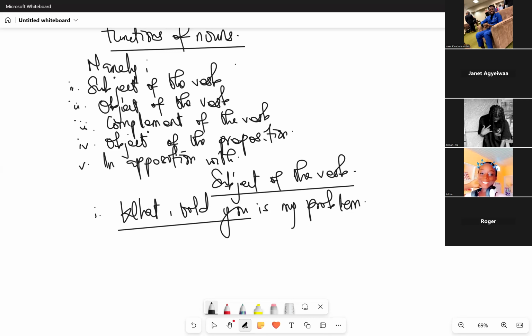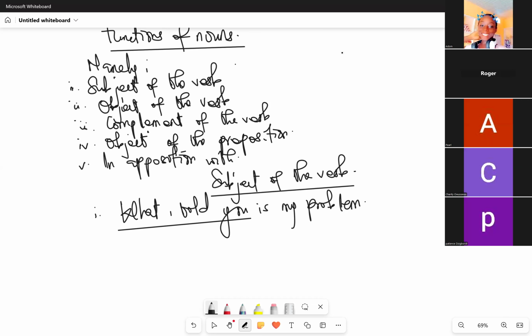Now you see, when we're talking about grammatical names, I kept telling you to just concentrate on the underlined words. Now, when it's about grammatical functions, please consider the rest of the sentence.